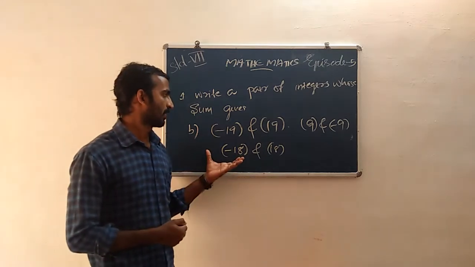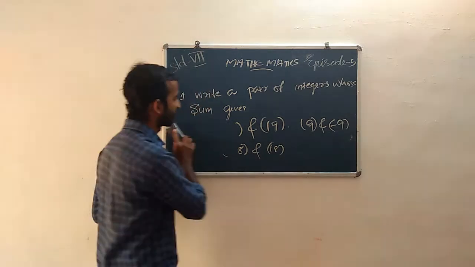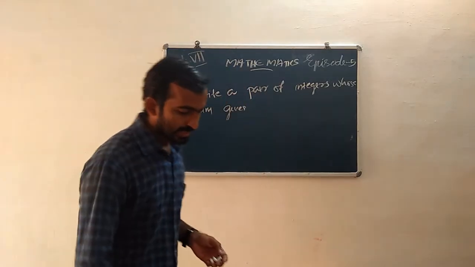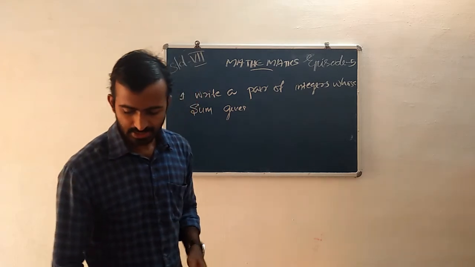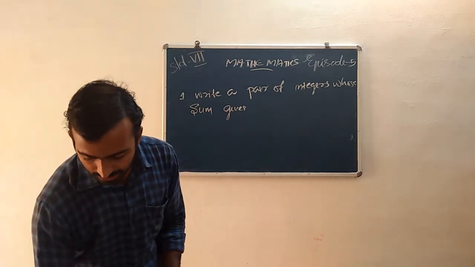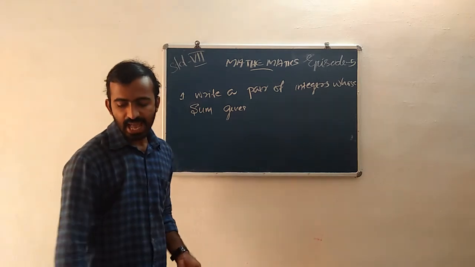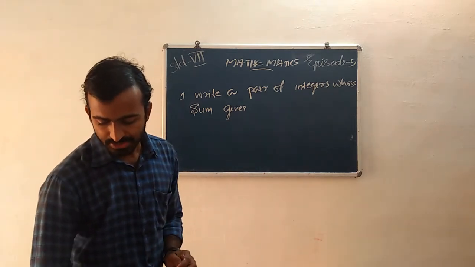Can you follow? Next is C part: an integer smaller than both the integers.